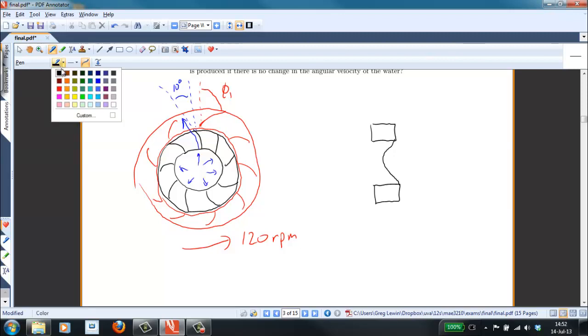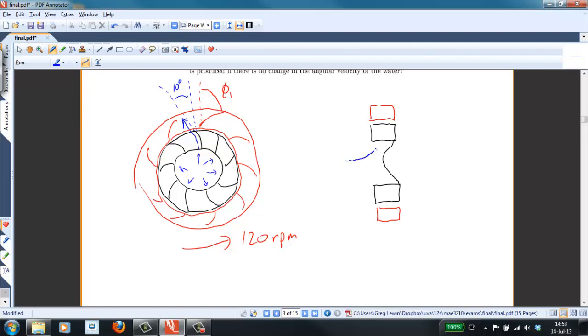And then we have the rotor blades that look like this, so that water is coming in like this, turning through the rotor like that, where it deflects in the circumferential direction, and then eventually out through the rotor like this.